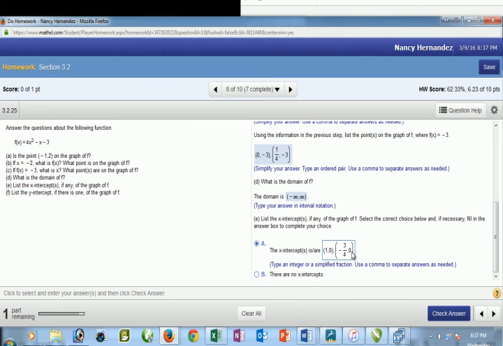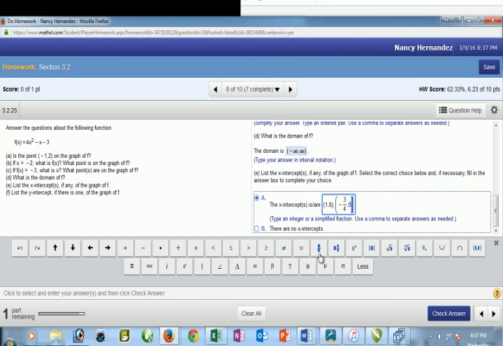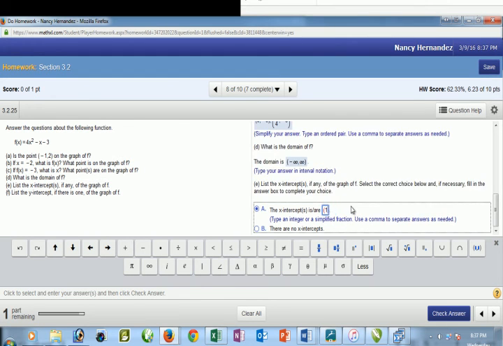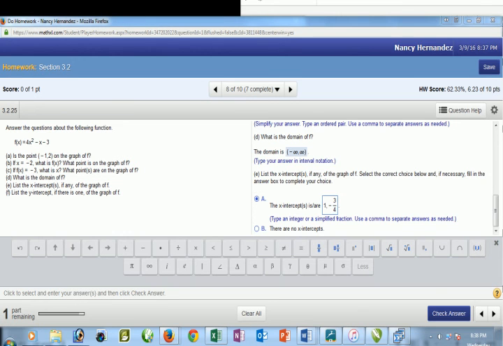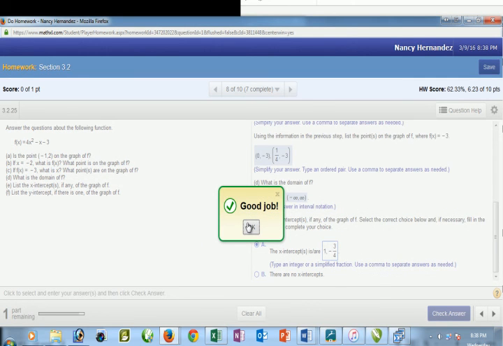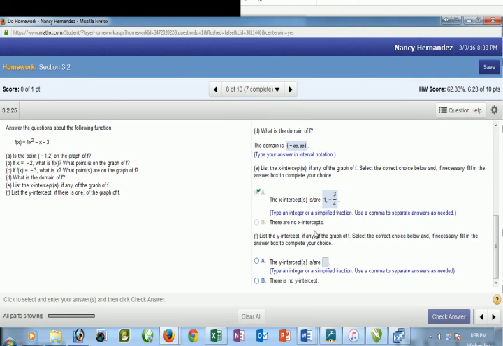Okay. Do they want the points? I don't know. So let's see if they just want this. I think they're going to want 1, comma, negative fraction 3/4. Going back and check my solutions to make sure I was right. Yep. There we go. It wants the intercepts, not the intercept points.